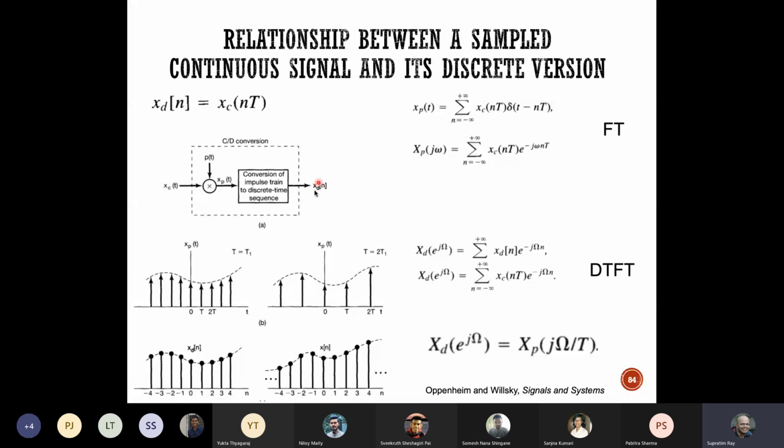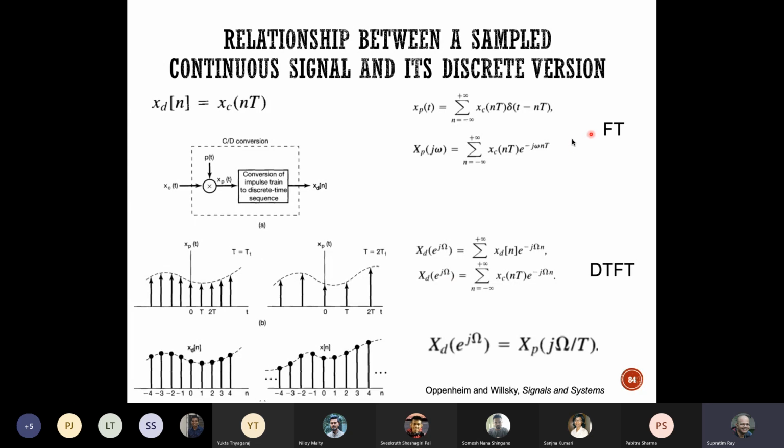So it's x d of n. There's no time information. It's just 0, 1, 2, 3, 4 up to N. And if I look at the DTFT of this signal, this is a discrete signal, so I will take its discrete time Fourier transform, which is again a continuous function in the frequency domain.